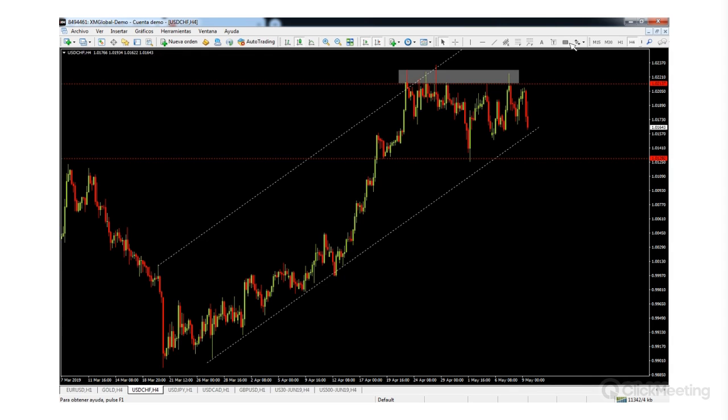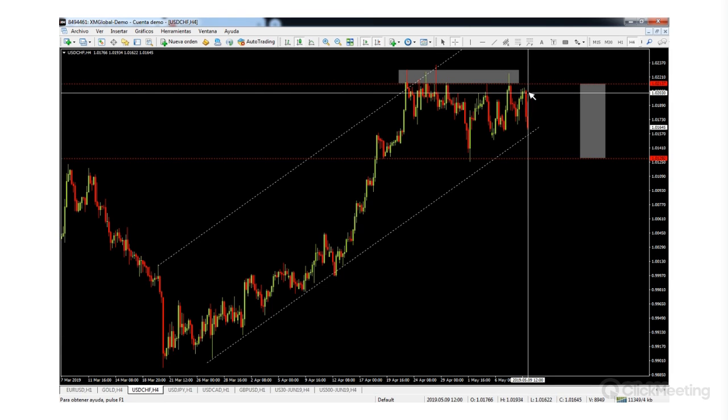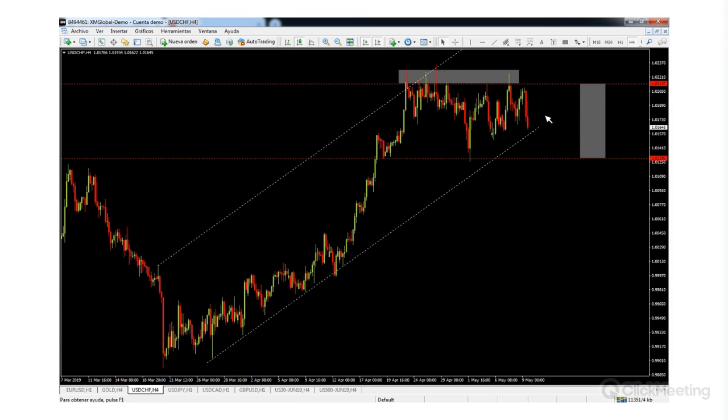This is the range. And even though price is moving down considerably fast, I would not be a seller unless we break the bottom of the range.